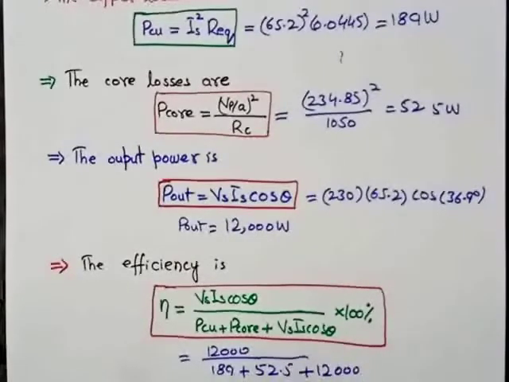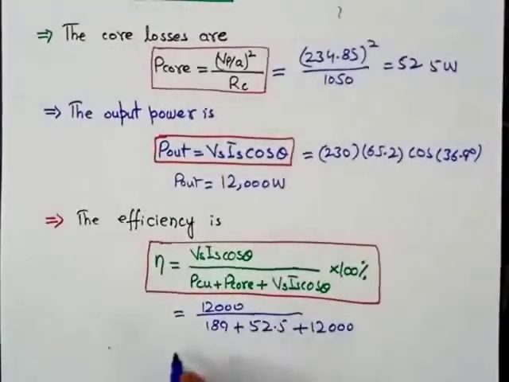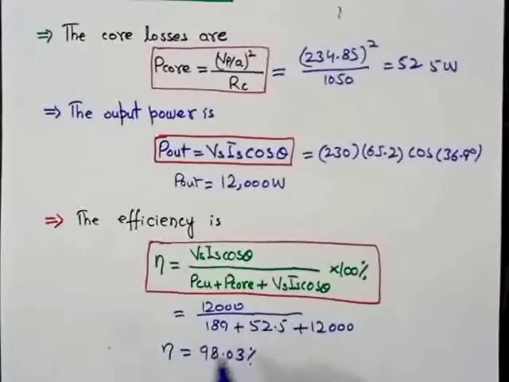After solving this, the efficiency is equal to 98.03%. So this is the efficiency of the given transformer, that is 98.03%.